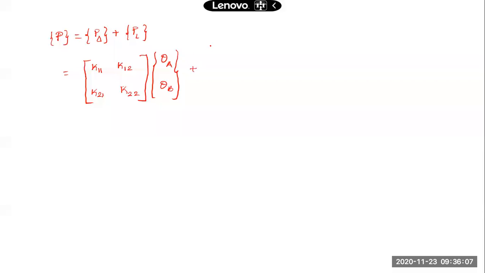Just in the example what I took, it was equal to P1 dash and P2 dash. So this is our P1, the net force in the first coordinate, and net force in the second coordinate, P1 and P2.